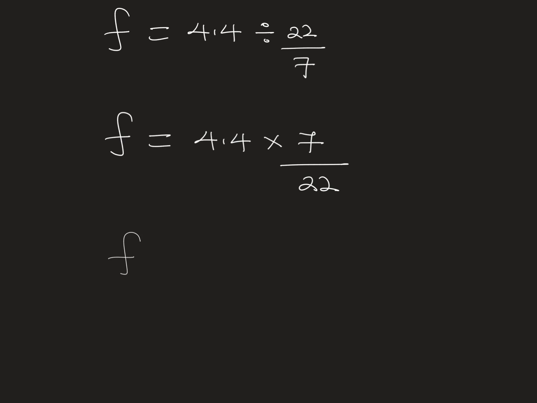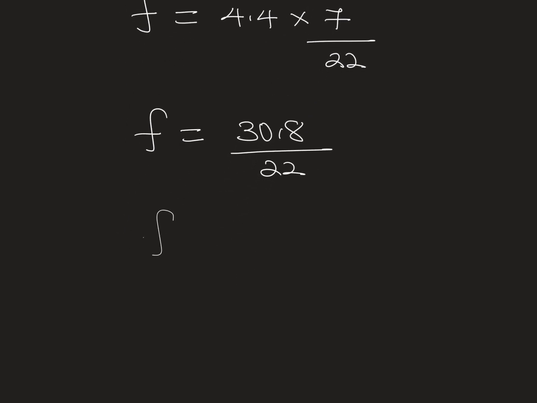So frequency will be equal to 4.4 times 7 is 30.8 divided by 22. So therefore frequency is equal to 1.4 hertz. Okay, that is the frequency.